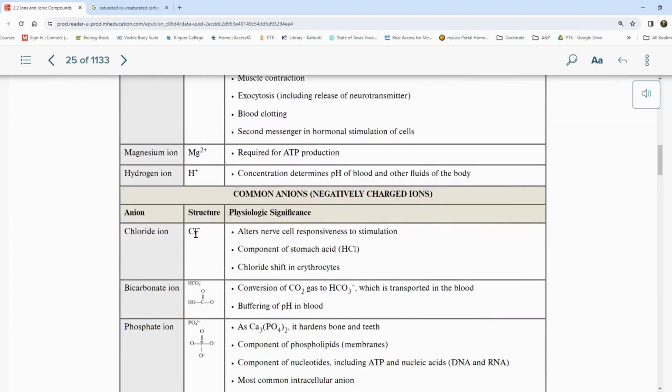Like chlorine, which has 1 more electron than proton, so it has an overall negative charge. That would be an anion. So a cation has a positive charge like magnesium, and an anion has a negative charge like chlorine.